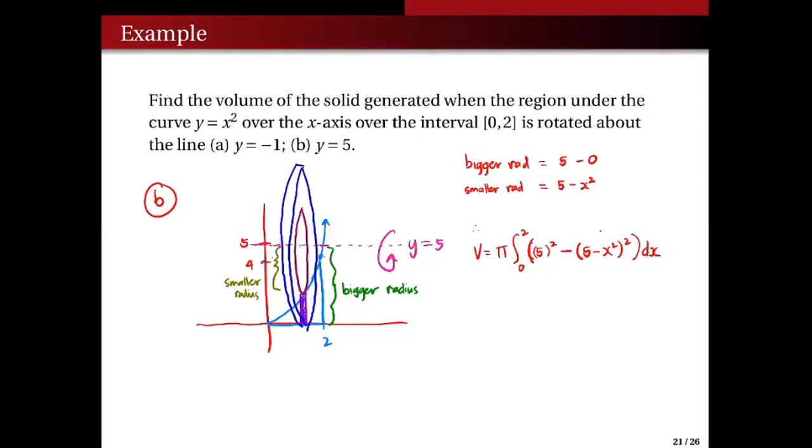Now, in our examples, the axis of revolution is either the x-axis or anything parallel to x-axis. In fact, in this example, I just gave two axes of revolution which are not the x-axis, but of the form y equals some number. So y equals -1 or y equals 5, okay?